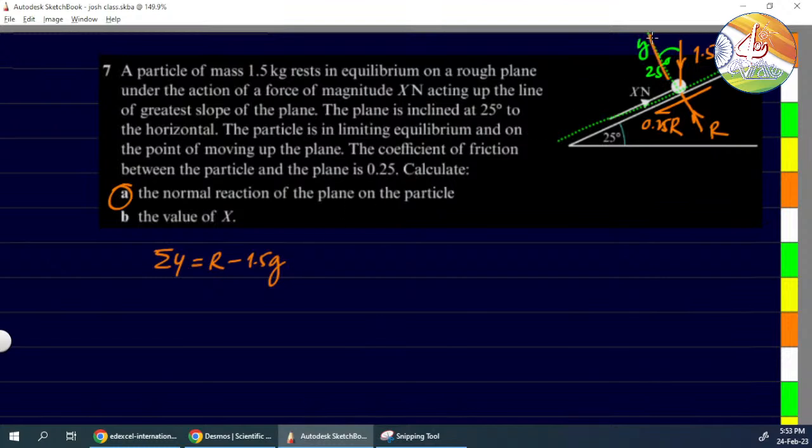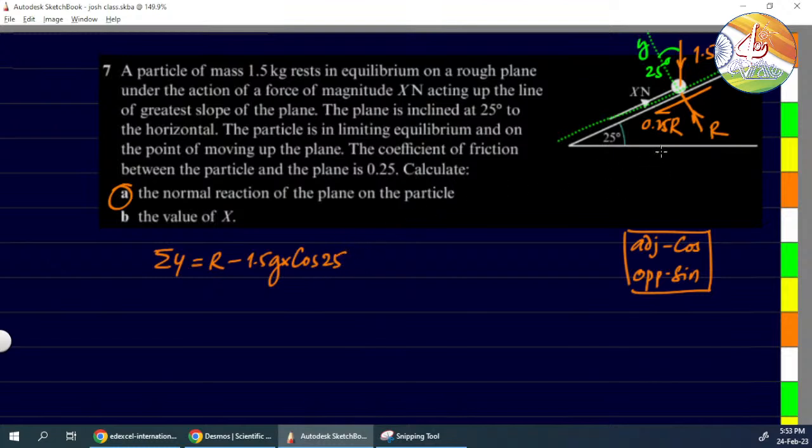This is adjacent, so adjacent means you should take cos, and opposite means we should take sine. This is the simple logic we need to remember. Because this is adjacent, we take cos of 25 degrees.